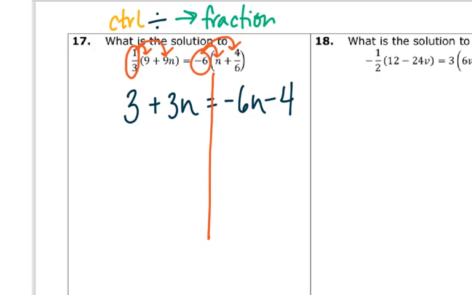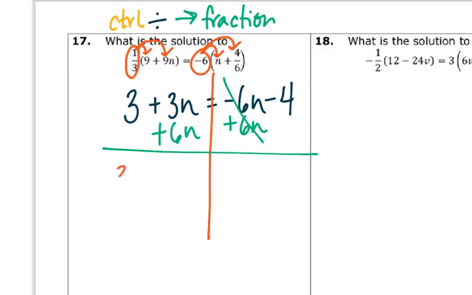We got rid of our parentheses by distributing. So I need to take my 6n's and add them to the other side. That leaves me with a 3 plus 9n equals -4. So be very careful here. The letter we're trying to get by itself is this n. We're solving for the n. It's right here.